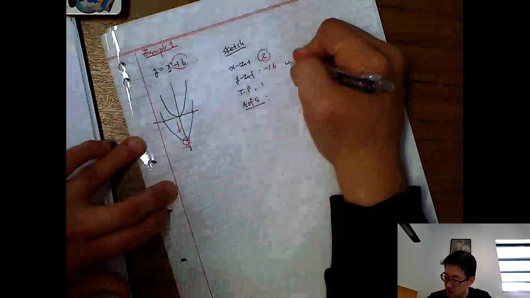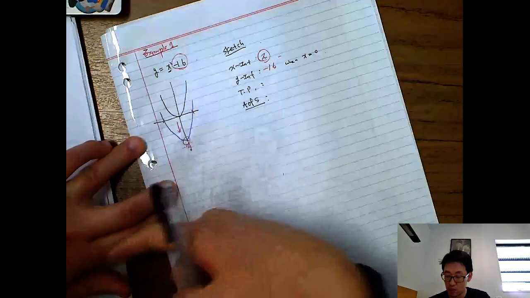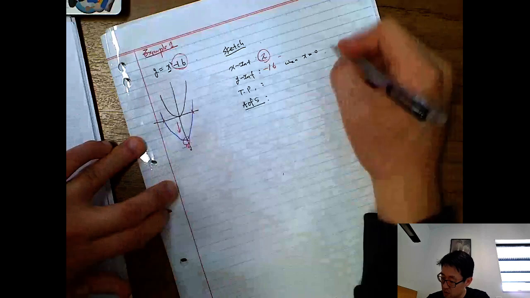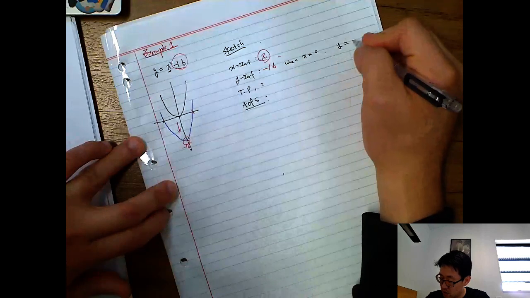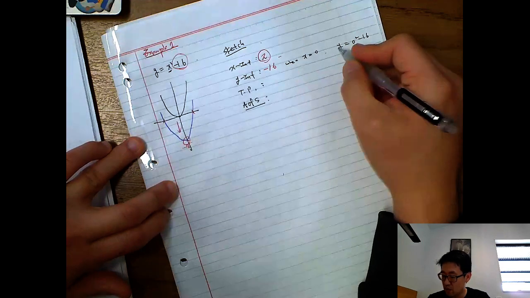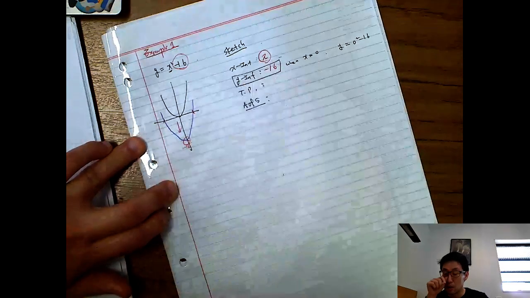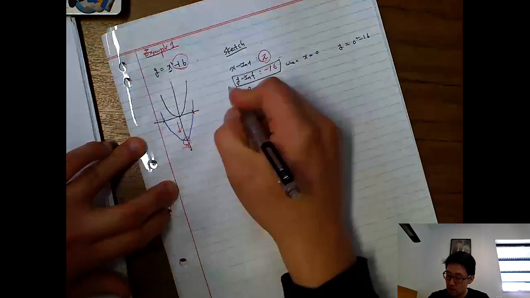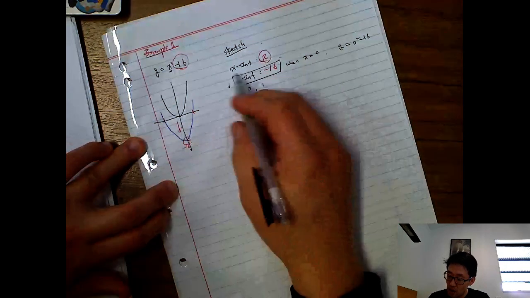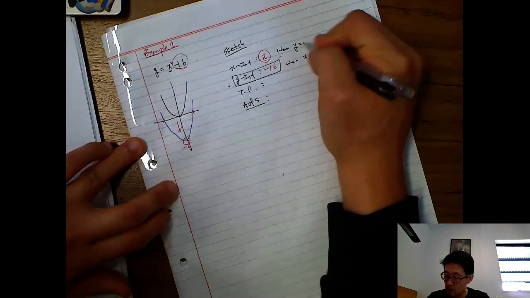So the y-intercept is when x equals 0. I'll just solve it algebraically as well. When x is 0, y equals 0 squared minus 16. 0 squared is 0. Therefore, y equals minus 16. So the y-intercept is minus 16. That's easy enough, isn't it? X-intercept is when y equals 0.